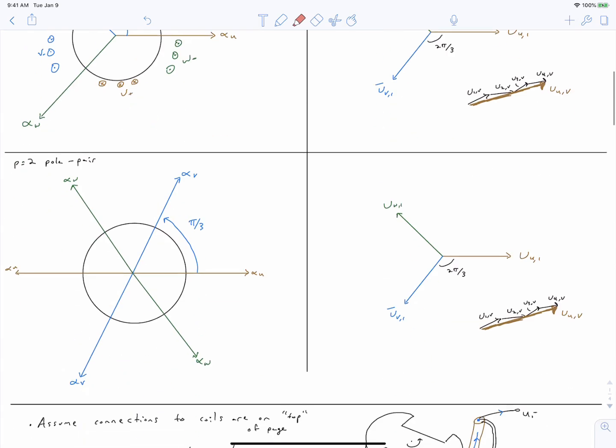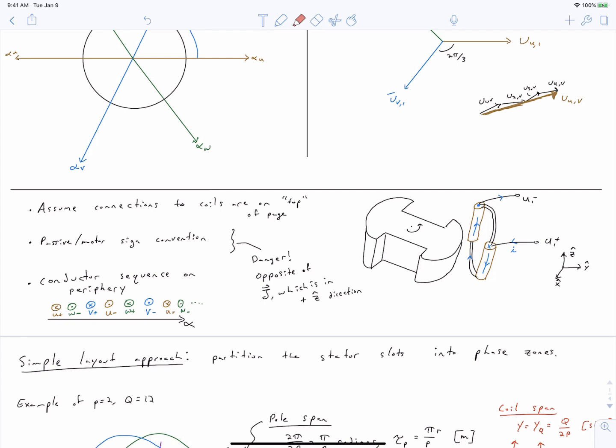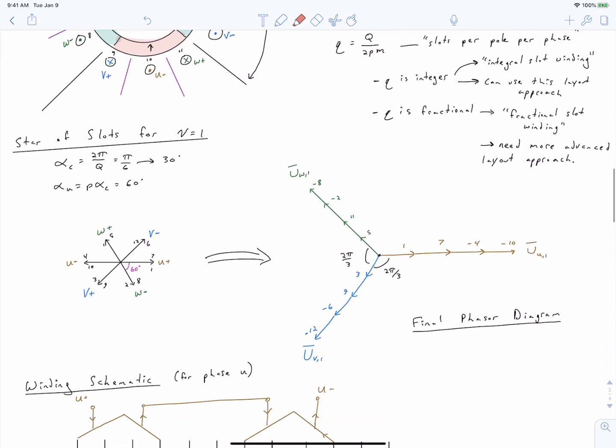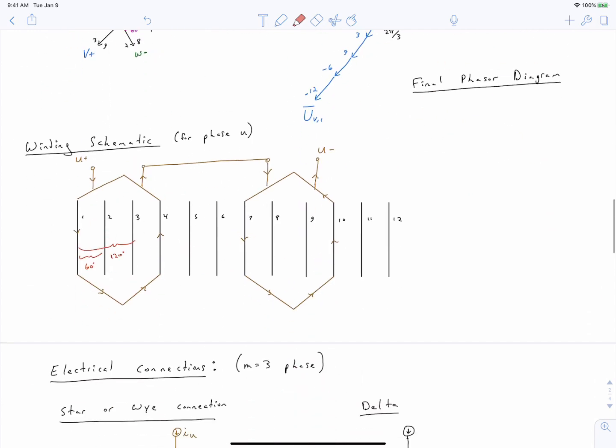And we've used these observations along with a definition of how we consider our coils to be connected to derive a simple layout approach, which is based upon phase zones placed in the periphery of our stator, placed on the surface of our slots. And we made some observations about how this was equivalent to using the star of slots to make these same assignments, and then how we can extract information from the star of slots, or our periphery diagram, to construct a winding schematic.